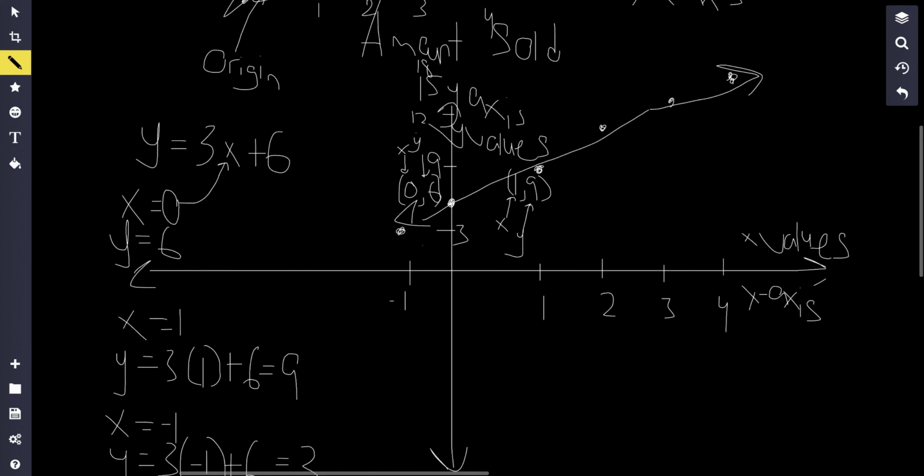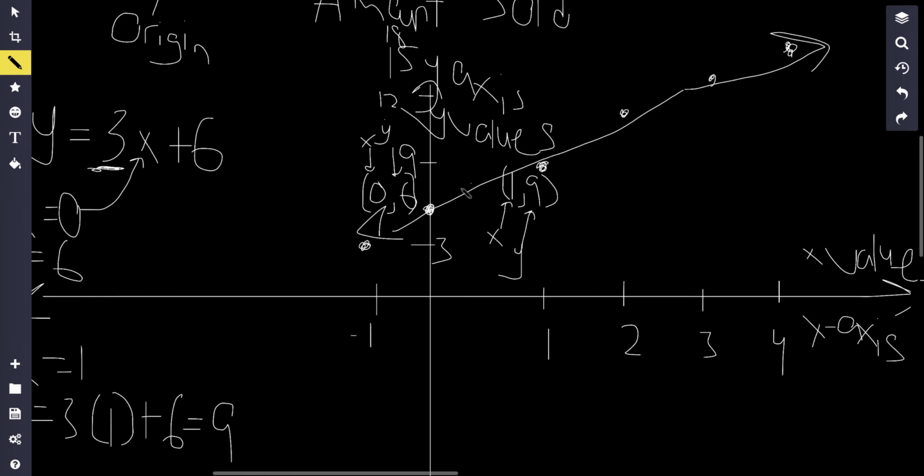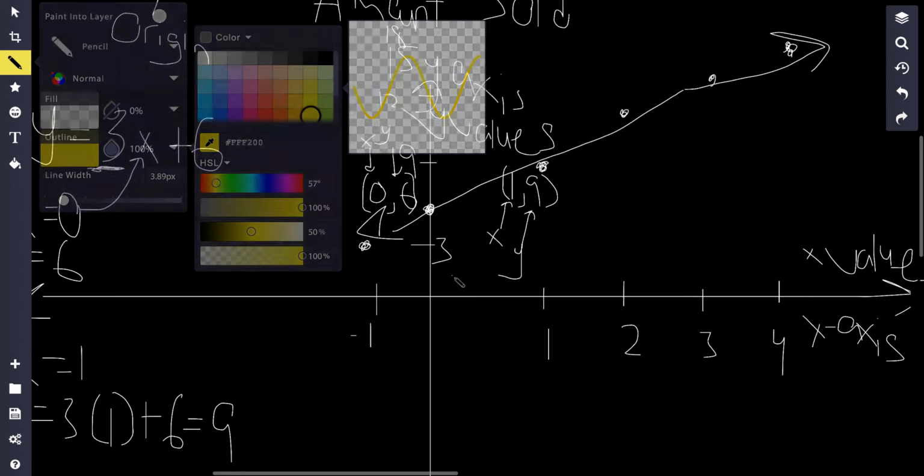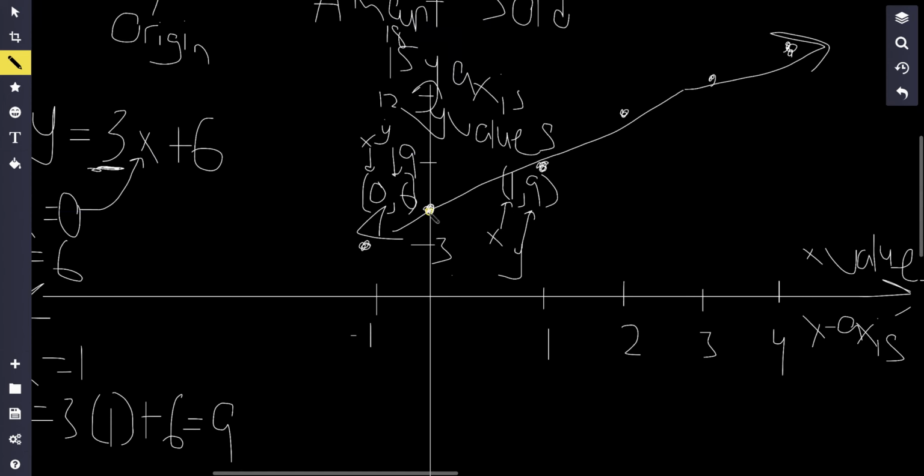Now, one thing to notice is this 3 right over here. Notice how as I move up 1 unit, my y value increases by 3 every time. Originally, I started at 0,6. After I moved 1 unit to the right, notice how I go 3 units up. So let me do this in a different color. I originally started at 0,6.